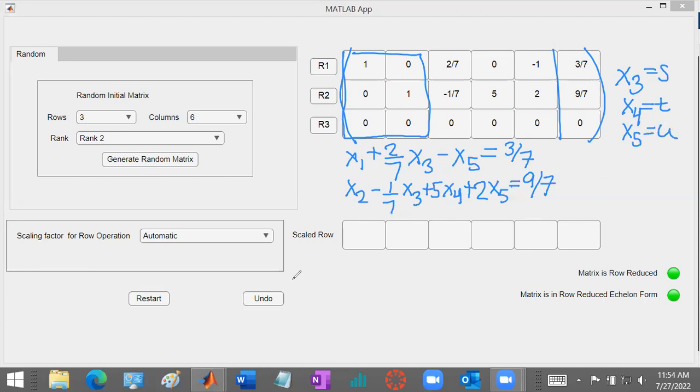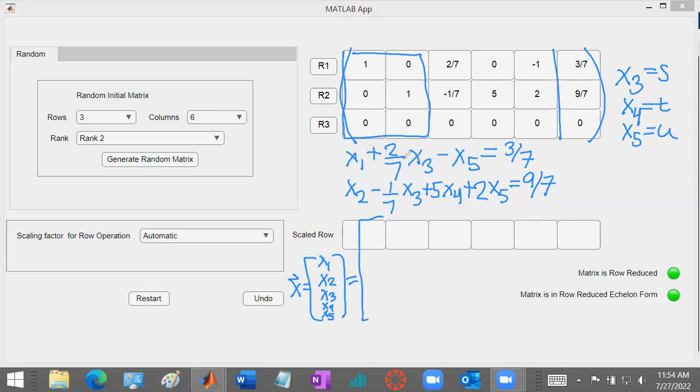That means if we take our vector x, which is x1, x2, x3, x4, and x5 in it, running out of space. Then what would that be? Let's write it here.